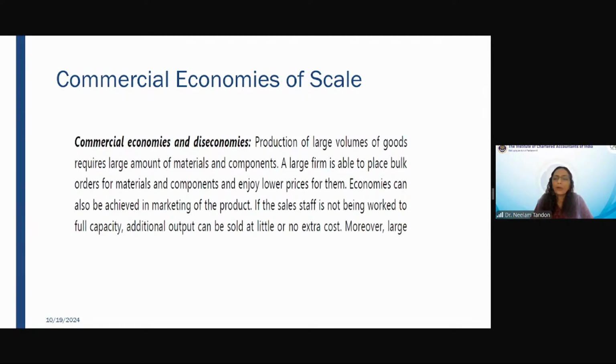That will be commercial economies, and the vice versa will be commercial diseconomies.